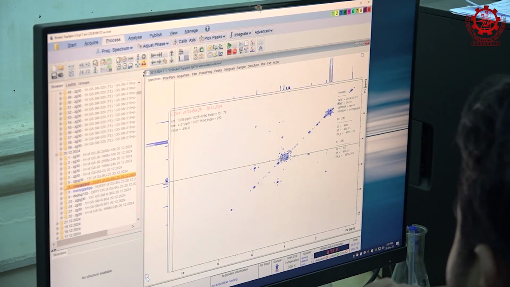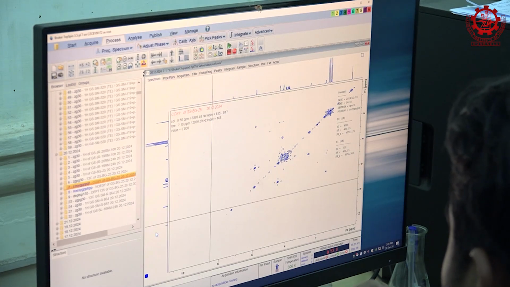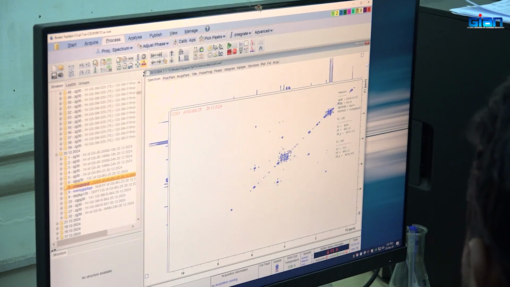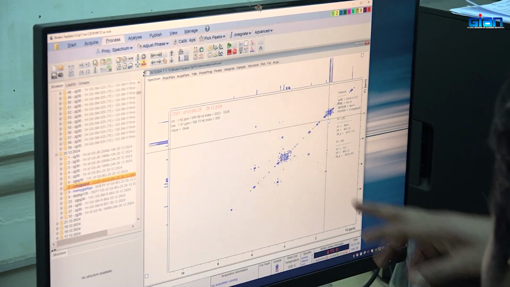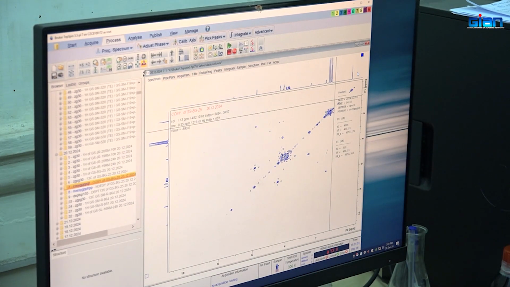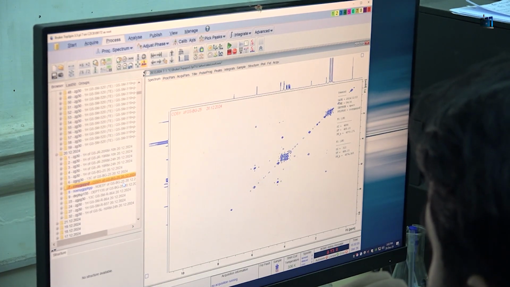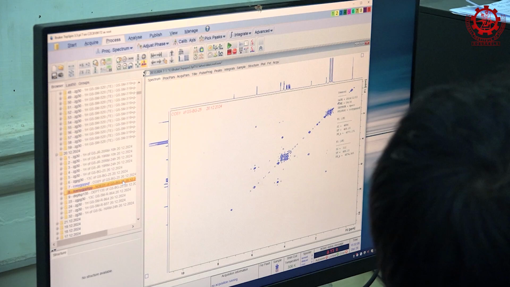Hydrogen, of course, it is present in almost all molecules, carbon, fluorine, phosphorus, and so on. You can see this is one 2D NMR, meaning 2-dimensional NMR spectroscopy. It is a little different from that one, but it gives other important information about your molecule. Yeah, of course then we can always talk about how it is coming, but let us see any question from you all.